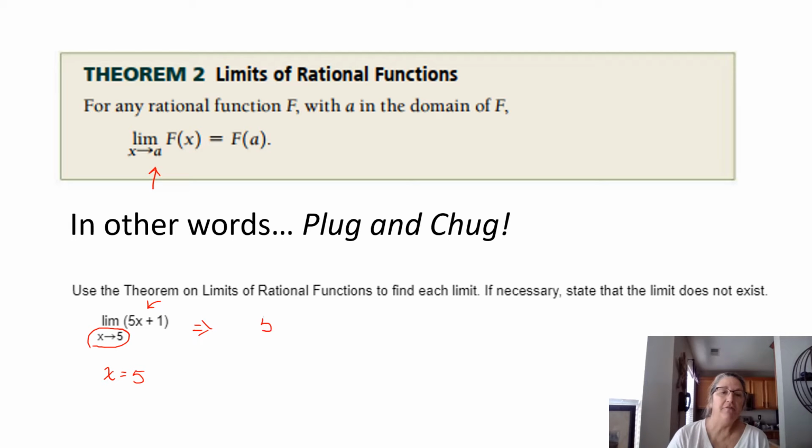Instead of 5 times x, we'll have 5 times 5 plus 1, which is 25 plus 1, or 26. And so the limit of our function as it approaches 5 is 26.